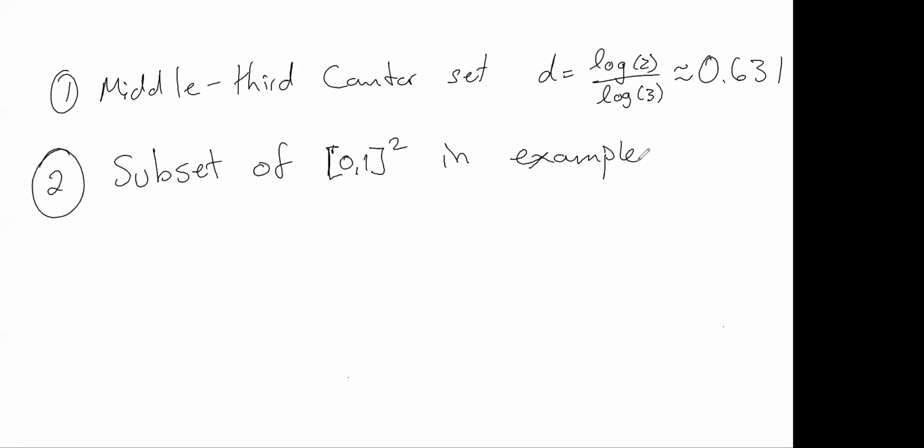So it doesn't contain any line segments, but it actually has the same dimension as a line segment. Okay, I wish I could show the details of those computations. It's not too hard, but time is up.